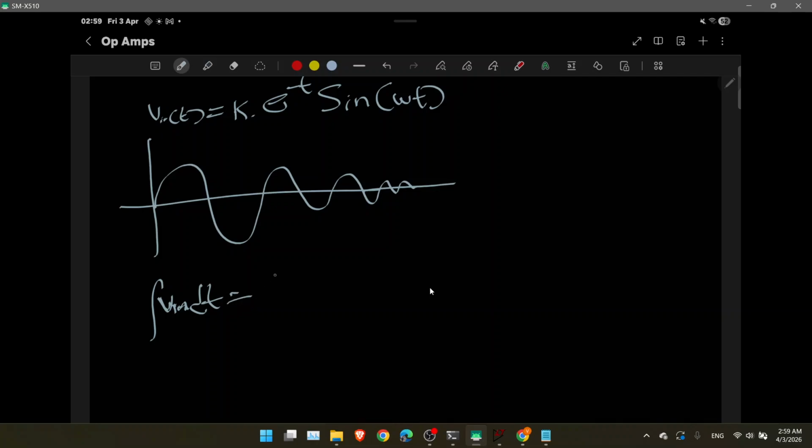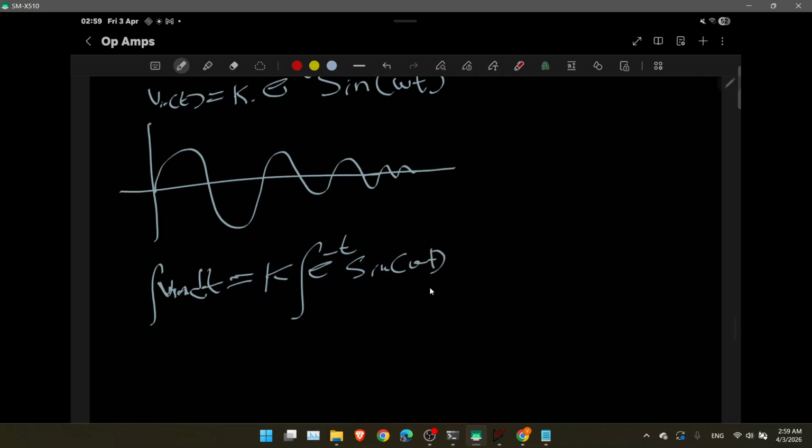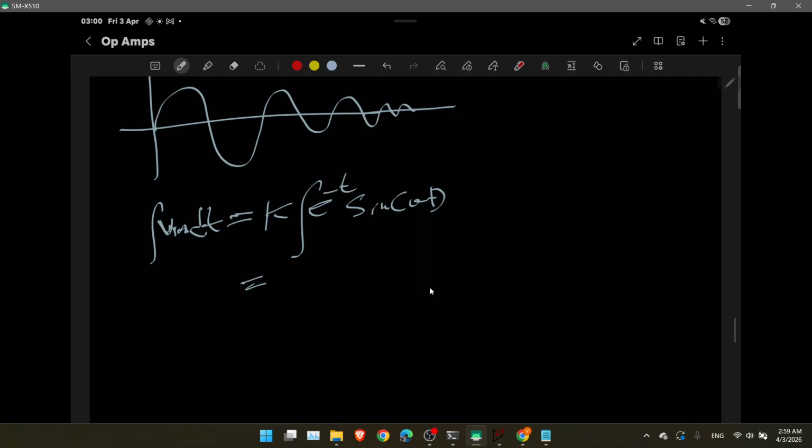So can you integrate this? Take a little bit of time and try to integrate this. Maybe you should use integration by parts. I'm not going to do it. It is really easy.